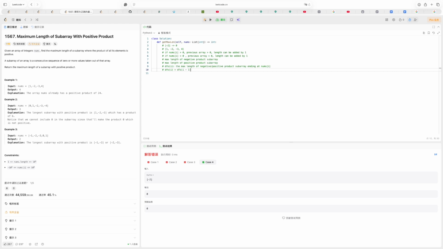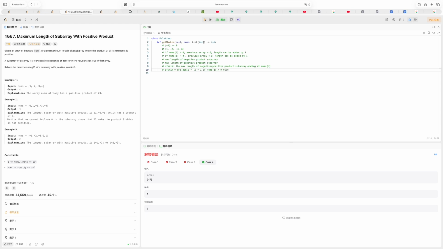So let's have dp positive as positive[i-1] plus 1 if nums[i] is larger than 0.